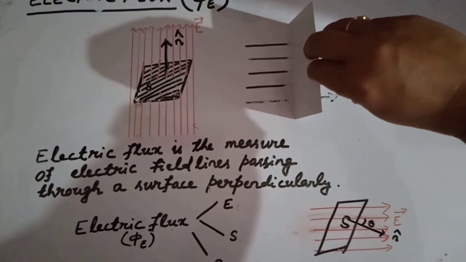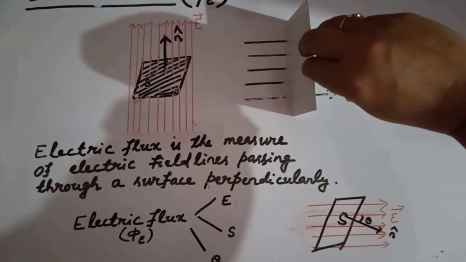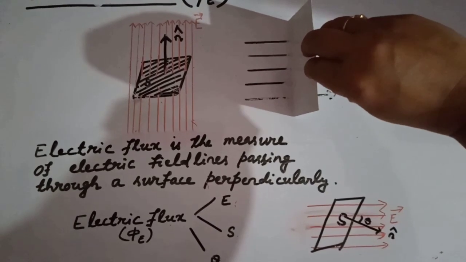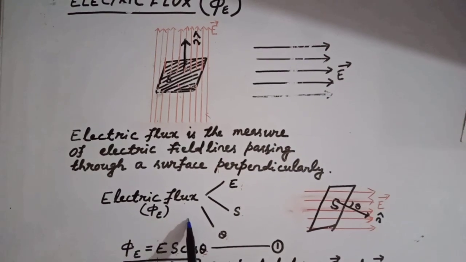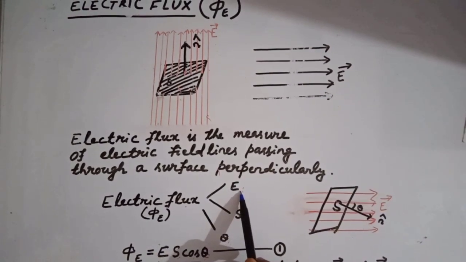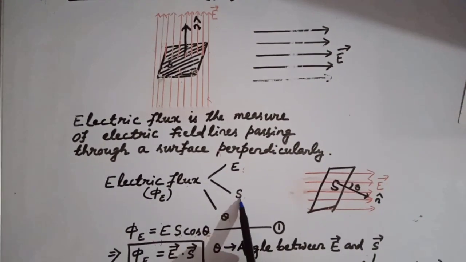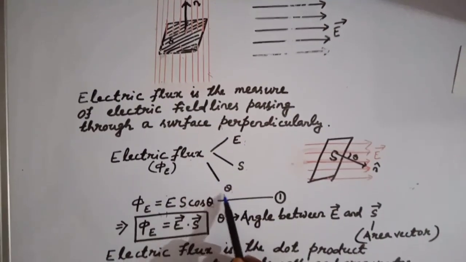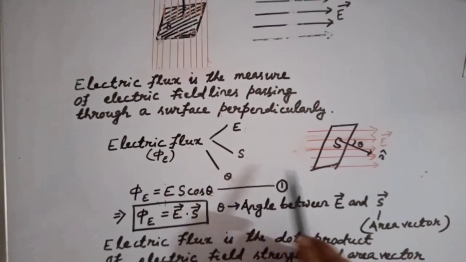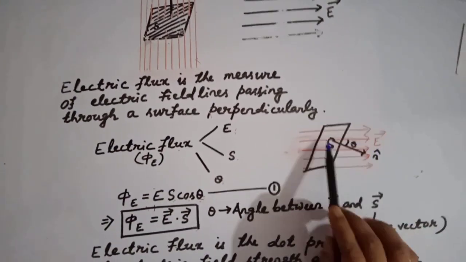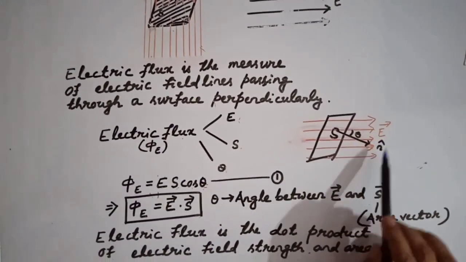When the angle is 0 degree or 180 degree, then the flux is maximum. Thus, the electric flux passing through a surface depends upon electric field strength, area of that surface and the angle between the electric field and the area vector. Here the electric field is given by these lines.